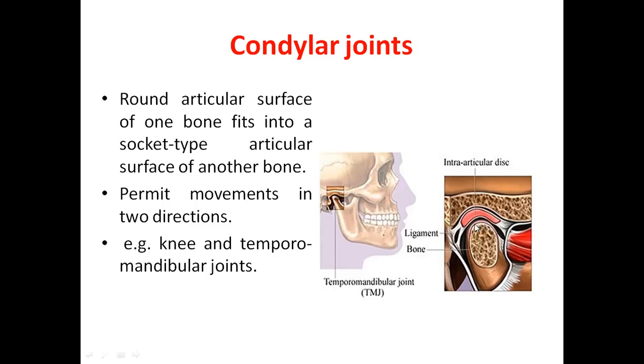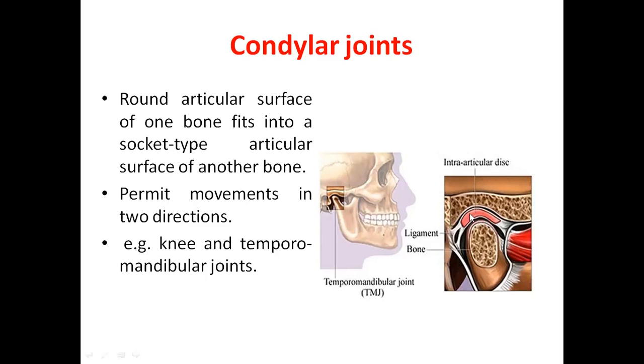This is the round part of the mandible, and this is the socket type articular surface of the temporal bone. And this type of joint is called condylar joint.